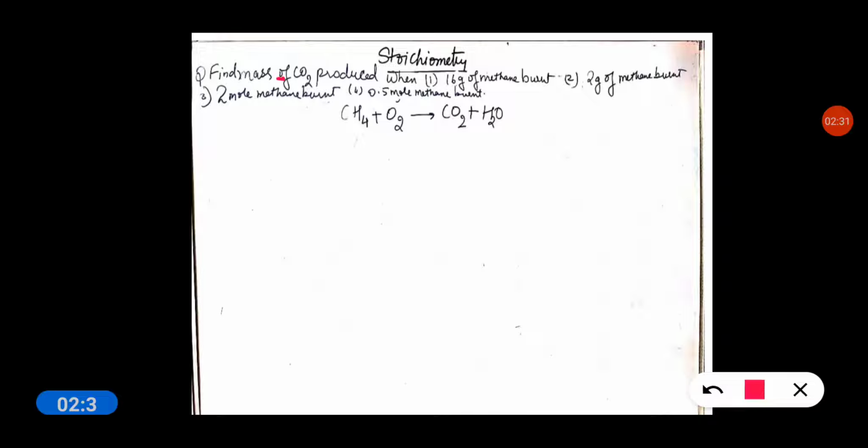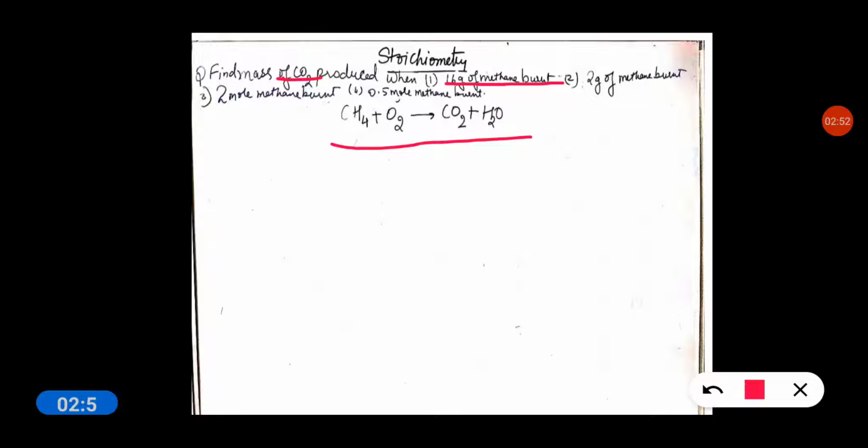Find the mass of CO2 produced when 16 gram of methane is burned. For this, you have to write the reaction. CH4 plus O2 gives CO2 plus H2O. Methane CH4 burned in air O2.